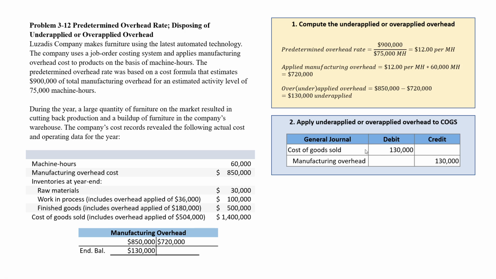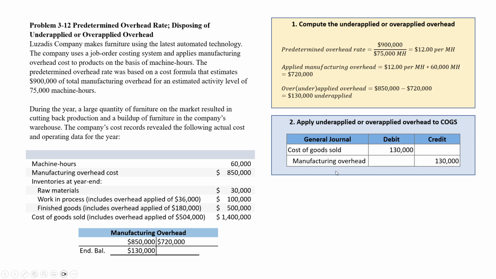Now, I will note this is the journal entry if we underapplied overhead. If we overapplied overhead, we'd switch this around. Debit manufacturing overhead because it would have had a credit balance, and then credit cost of goods sold because we would have put too much in and we need to subtract it. So just be prepared.